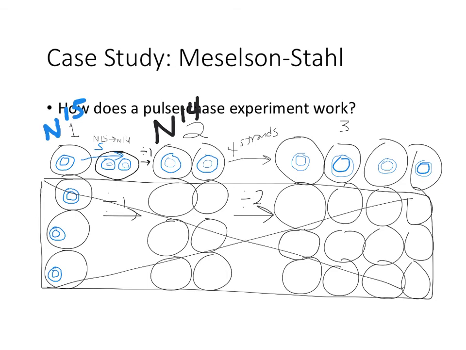What percentage of the cells, there's only one cell, by the way, do we have all heavy DNA, half heavy DNA, that is one strand is heavy and one strand is light, or all light?